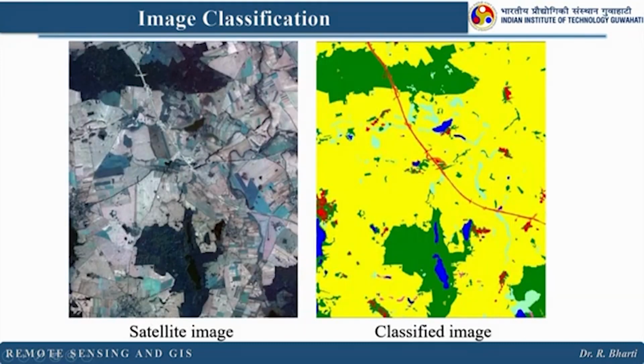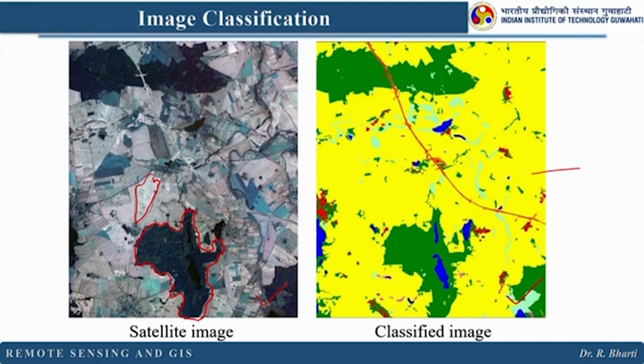Here is one example. You can see this is the satellite image and this is the classified image. Again, here there are different colors available, but here there are only limited colors. That means here you can find a small change in the intensity within the class, but after classification, let us take the example of vegetation. Let us say this is the area for forest.